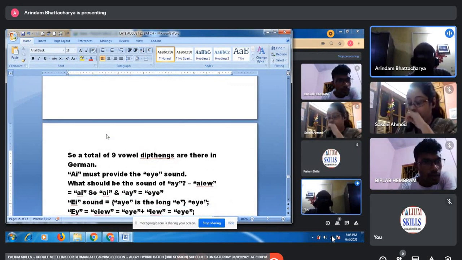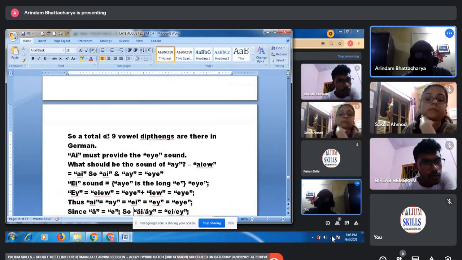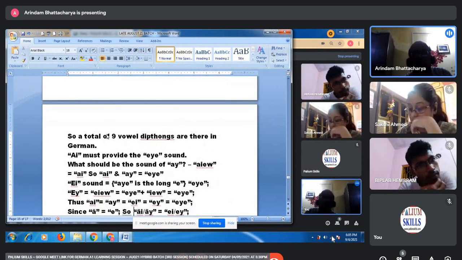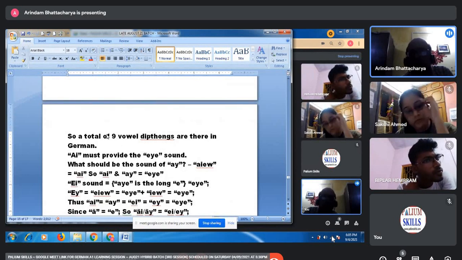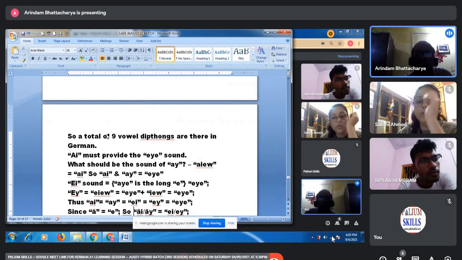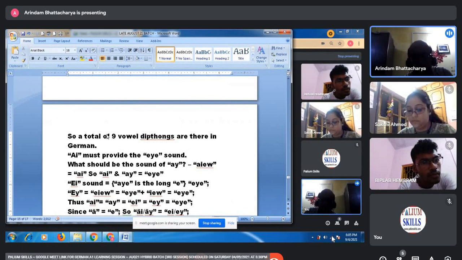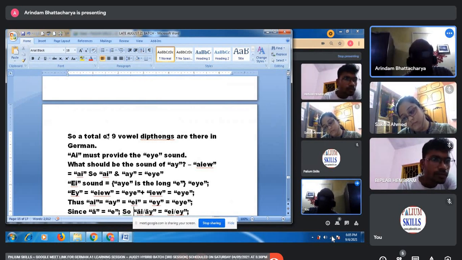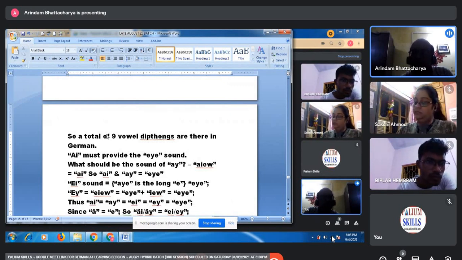Now within the 6 diphthongs, AE must provide the I sound. Why? Because if AE gives an A sound, AE is actually long E, long A, so the sound is already there in the list of alphabets.